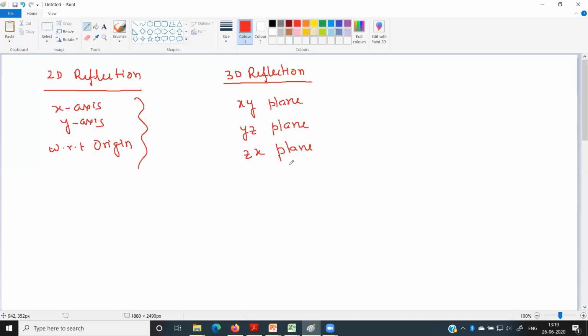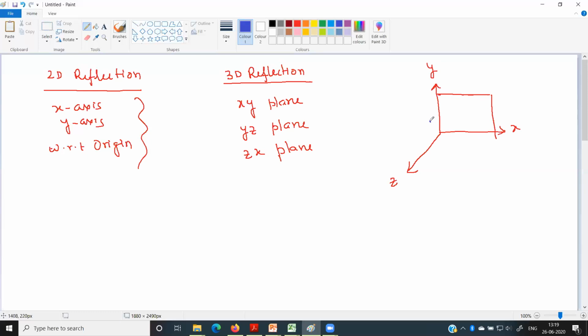Okay. Clear? So let us draw the coordinate system first. This is our X, Y and Z. This is my XY plane. Fine. So if you want to perform the reflection, some point is over here, anywhere.